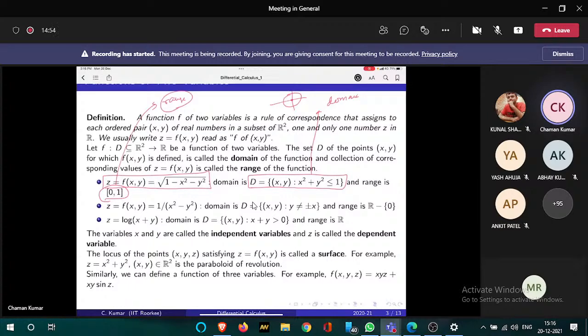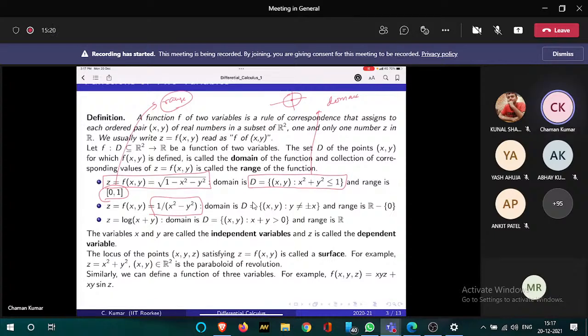Similarly, you can consider the second case where f(x, y) is equal to 1 over x square minus y square. You can clearly see that if x and y are equal, then the denominator is 0 and the function will become infinity.